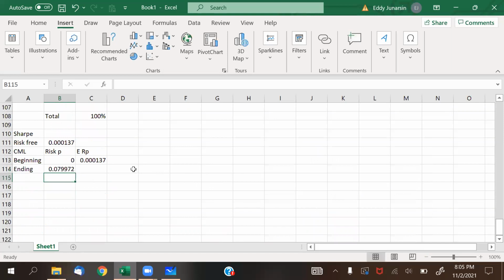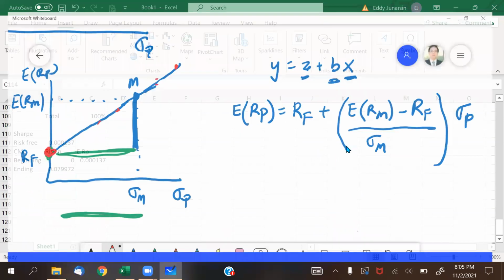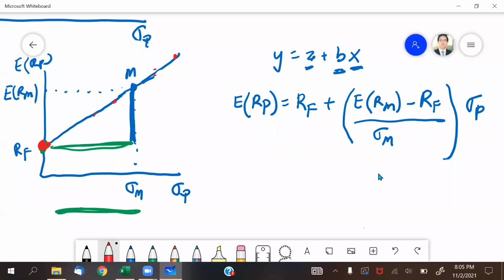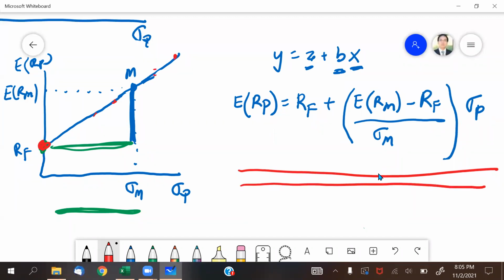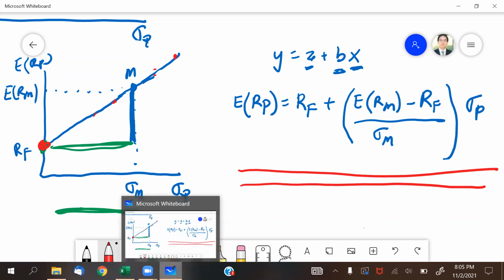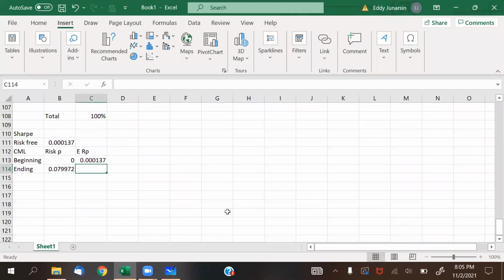So what would be the expected return? Remember the formula there. The expected return on a portfolio could be anywhere. So risk-free plus, what is it again? See the formula there: expected return on the market. We need to find it, this is not yet determined.